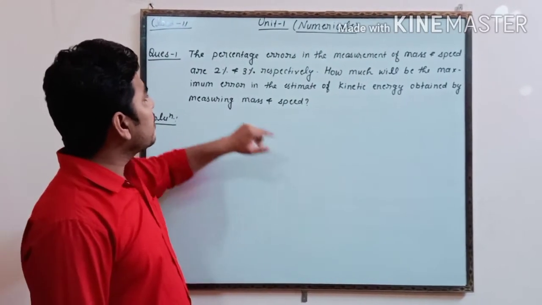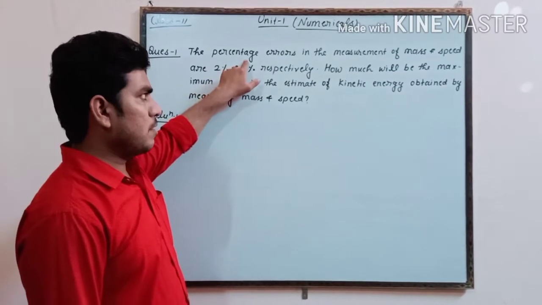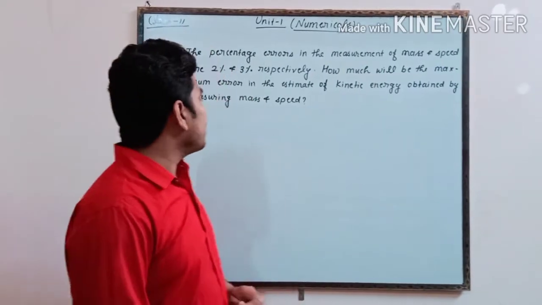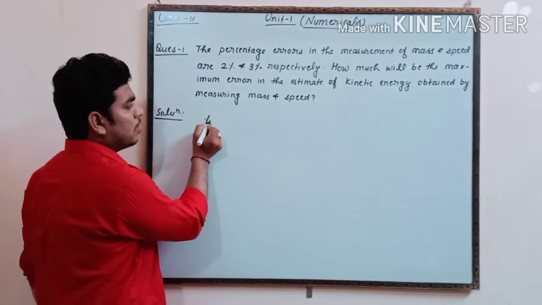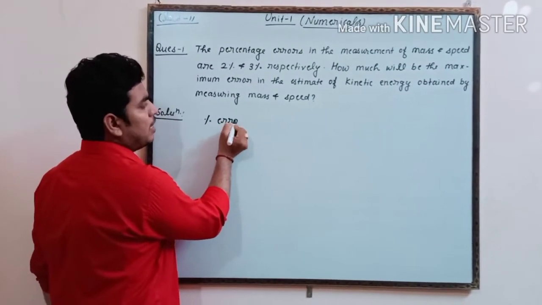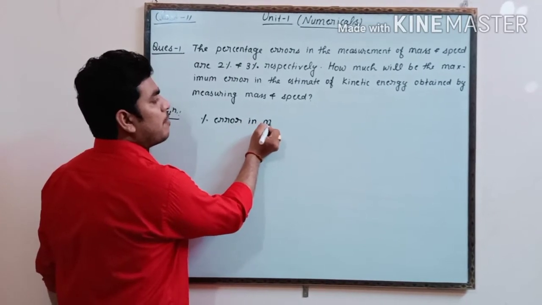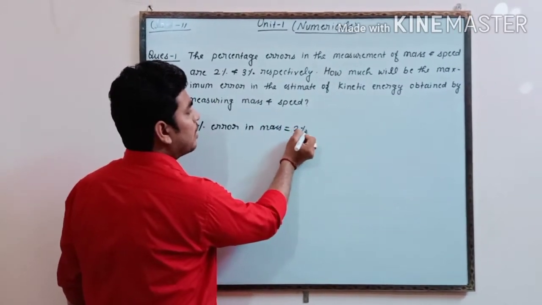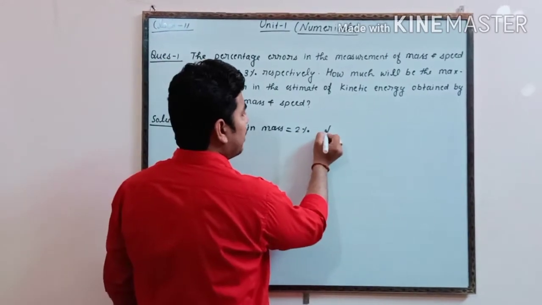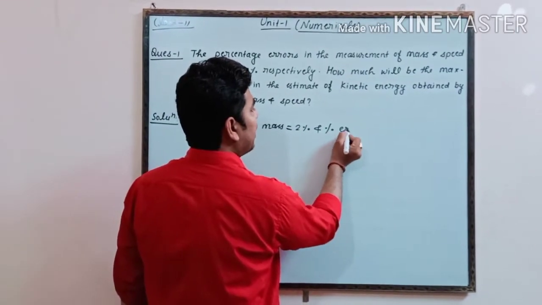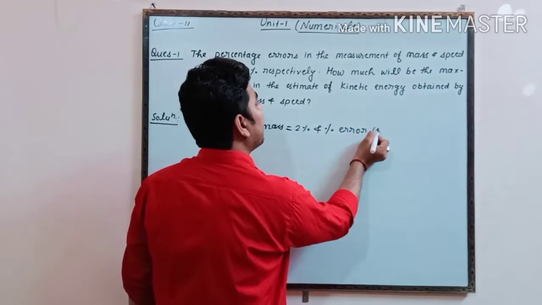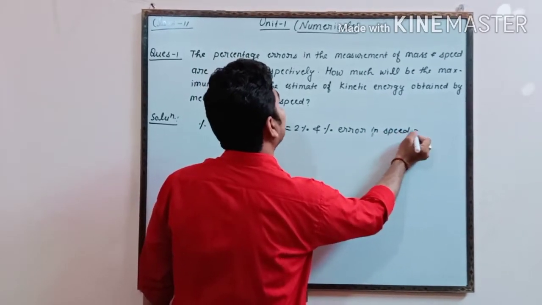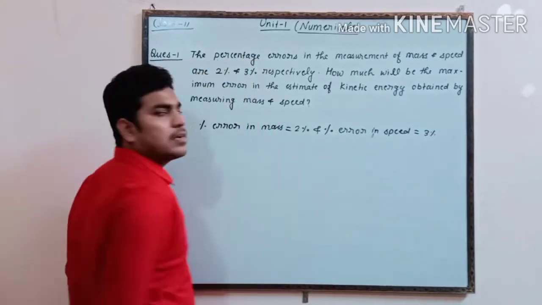The numerical is: percentage errors in the measurement of mass and speed. Means, percentage error in mass is 2% and percentage error in speed is 3%.